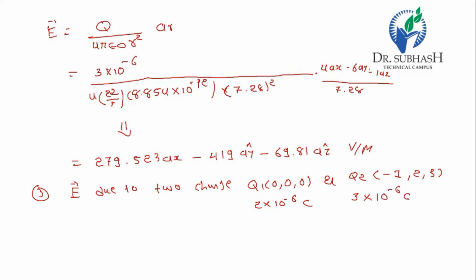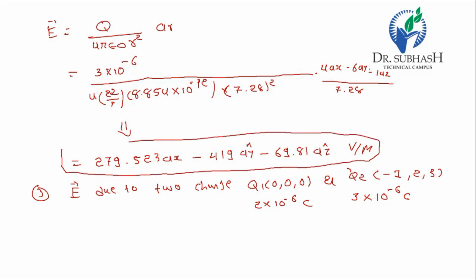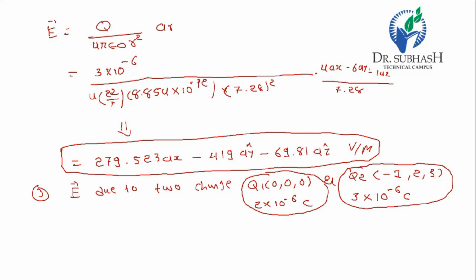Due to the Q2 charge we already found it here, and due to the Q1 charge we found it in case number 1. So if we add both electric field intensities due to Q1 and Q2, we get the electric field intensity E due to the two charges.